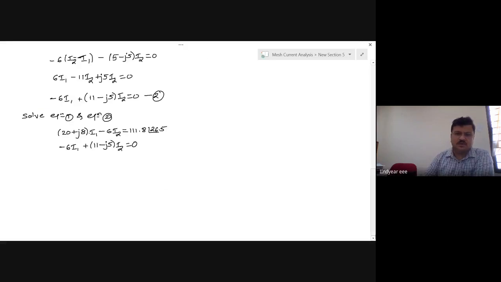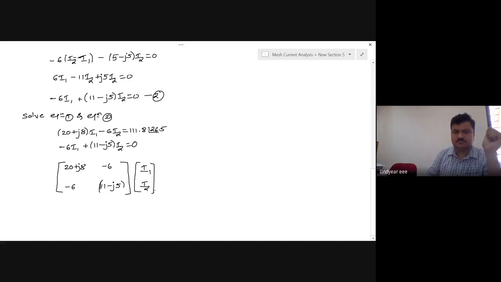Now writing the same two equations in matrix form, the coefficient matrix is [20 plus j8, minus 6; minus 6, 11 minus j5] into [I1, I2], is equal to [111.8 at an angle 26.5, 0].